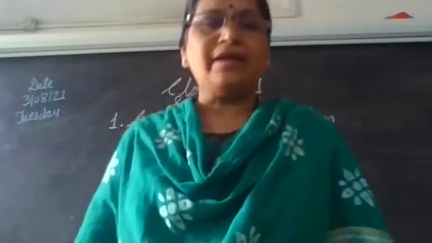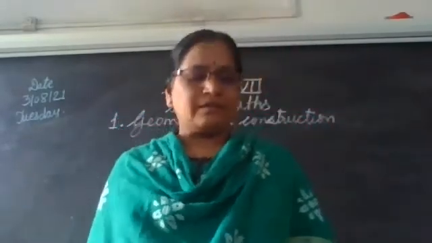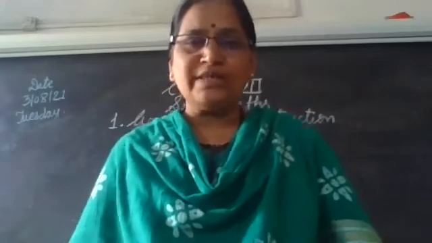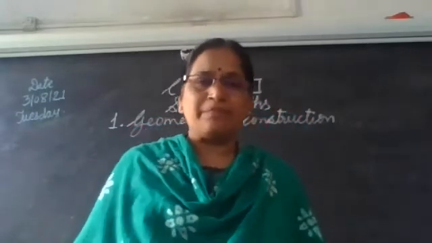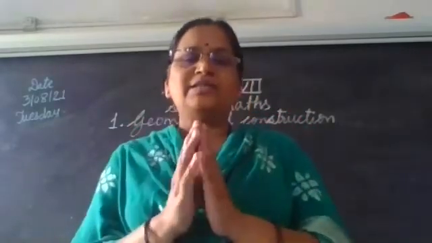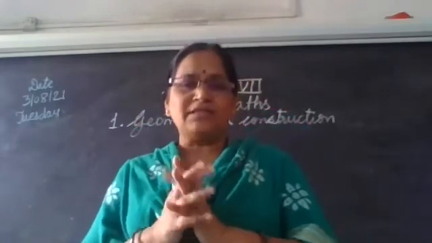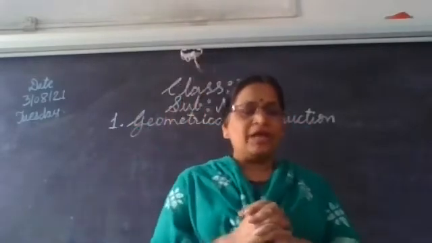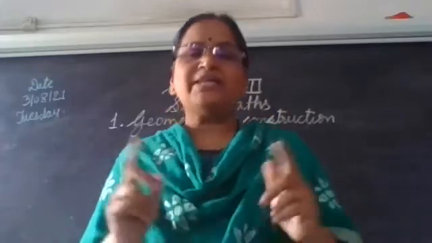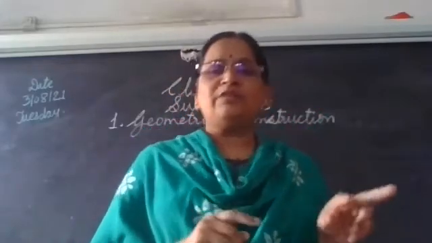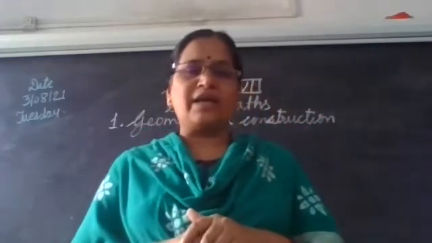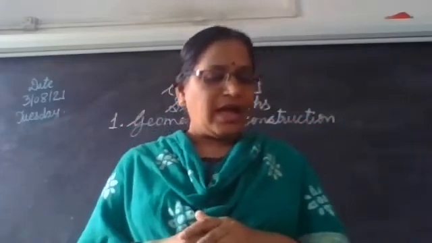Now tell me, angle bisector means what? Bi means two and sector means parts. So an angle divided into two equal parts is angle bisection. And the ray which divides the angle into two equal parts is what? Angle bisector of the angle.